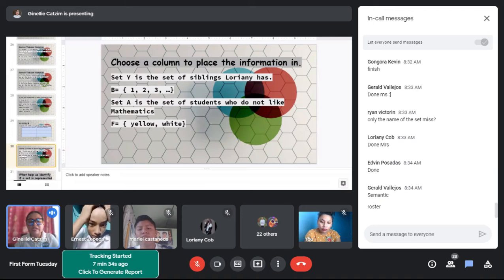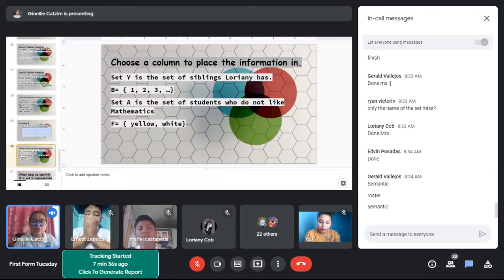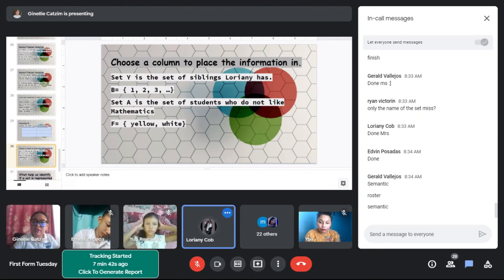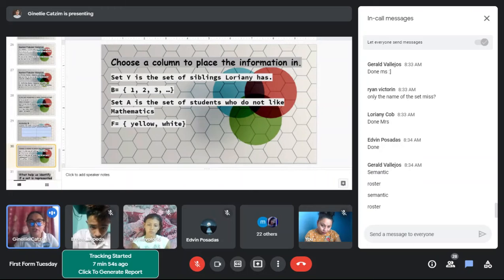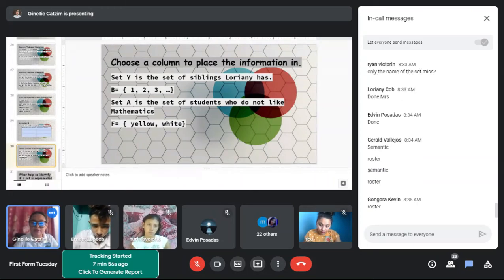So set A is the set of students who do not like mathematics. Is that semantic or raster? Semantic, right? Very good. It has a name and it also has a description. That is very important in semantic notation. The last one, F equals yellow and white.